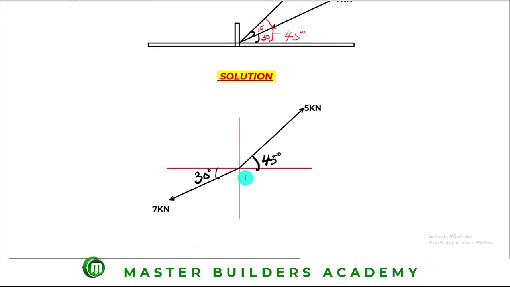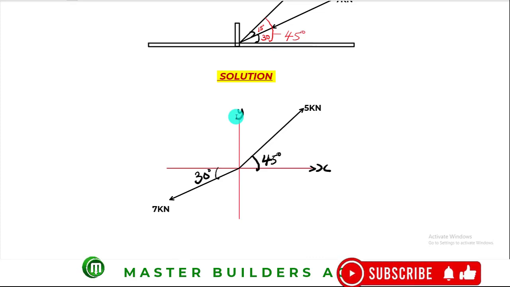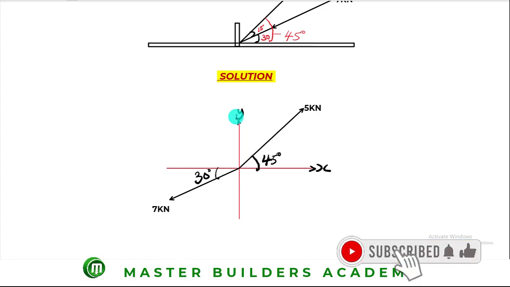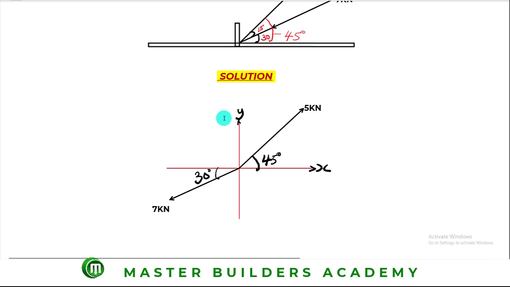Now remember that this is our y-axis, and then this is the x-axis, as you can see. Okay. So now in resolving these forces, you need to understand that when resolving forces along the x-axis, most often you make use of cos theta, and some other time you use sin theta.